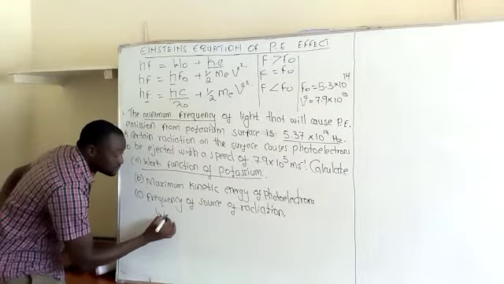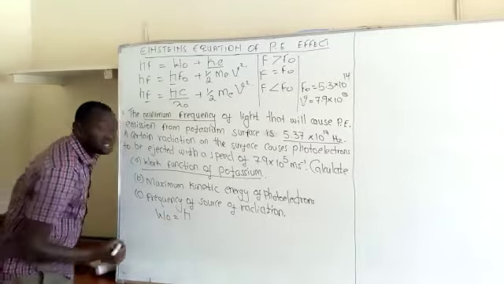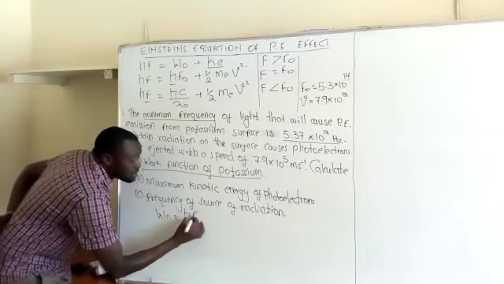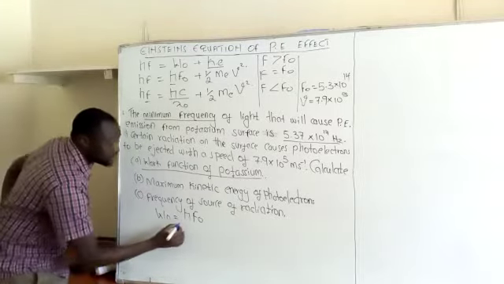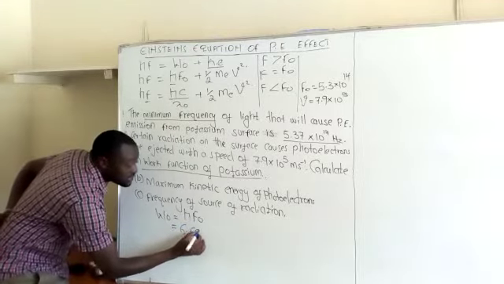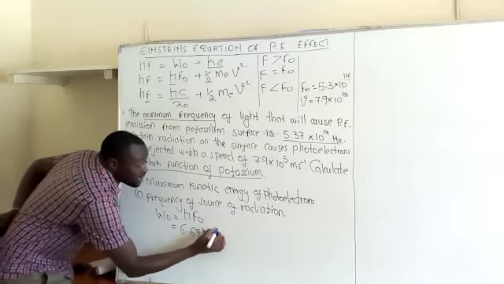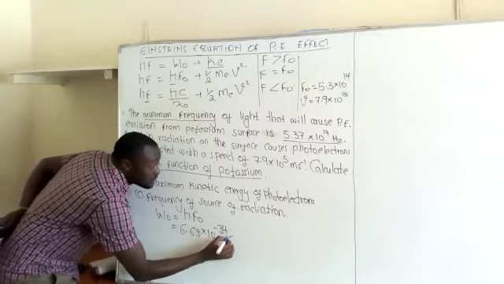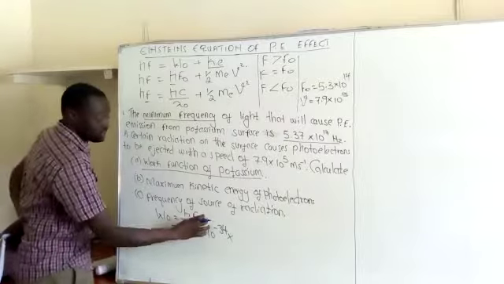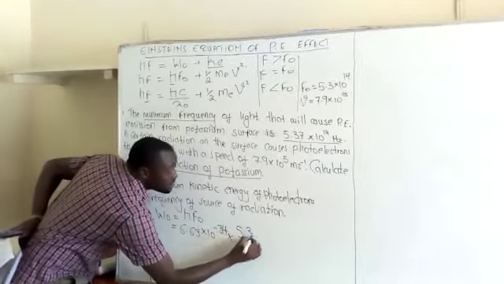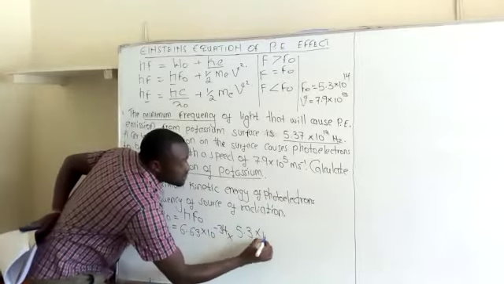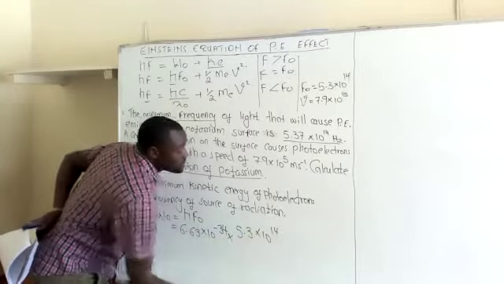Then we get the work function of potassium. Work function equals Planck's constant times the threshold frequency. Therefore, this work function will be 6.63 times 10 to the power negative 34 multiplied by the threshold frequency, which is 5.3 times 10 to the power 14.